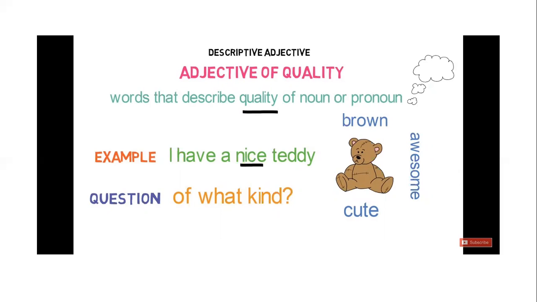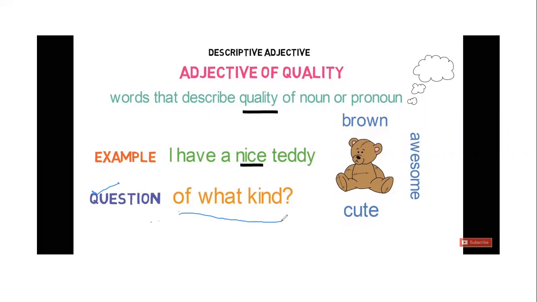For example, there's a teddy over there. And you must keep in mind that when we are talking about the various types of adjectives, we must also see the question part. Various adjectives try to answer some sort of questions. In the case of adjective of quality, it always answers the question of what kind.